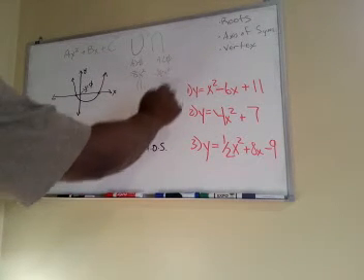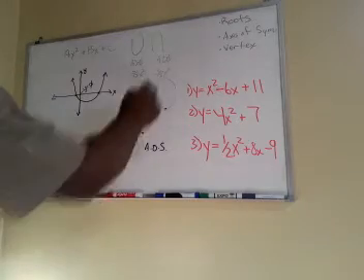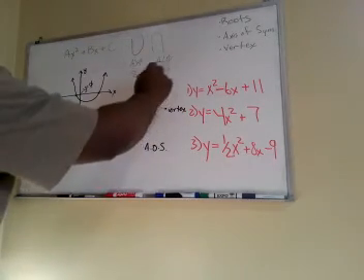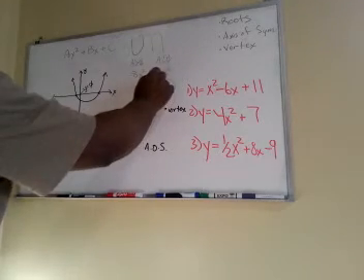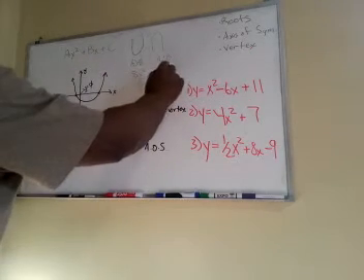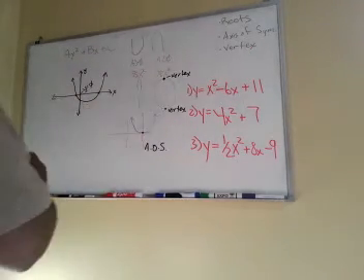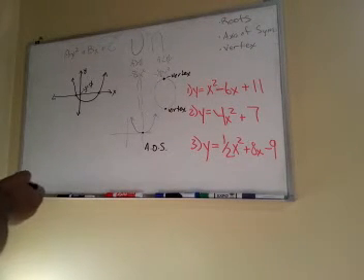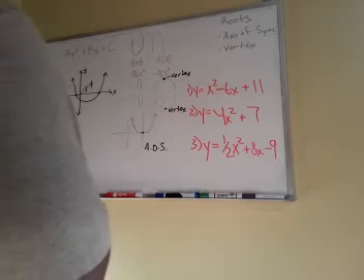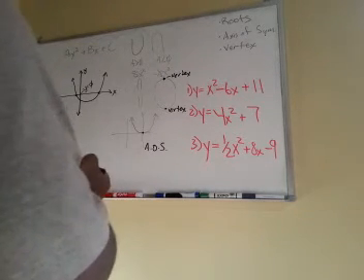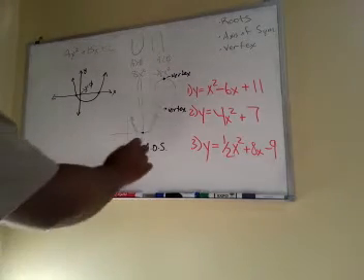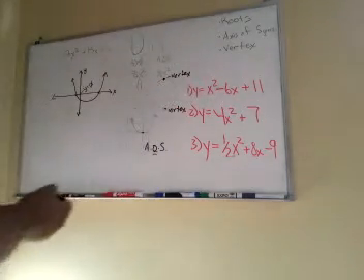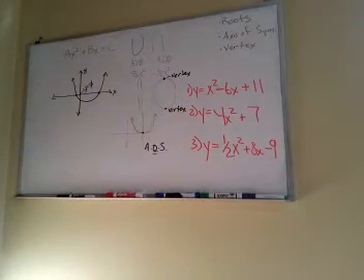If a parabola is like this, the lowest point is called the vertex. If the parabola is like this, the highest point would also be called the vertex. So it can be the lowest point or the highest point, it just depends. Now, the way you find the vertex is first finding what the axis of symmetry is. So you have to figure out the axis of symmetry before you can find what the vertex is.